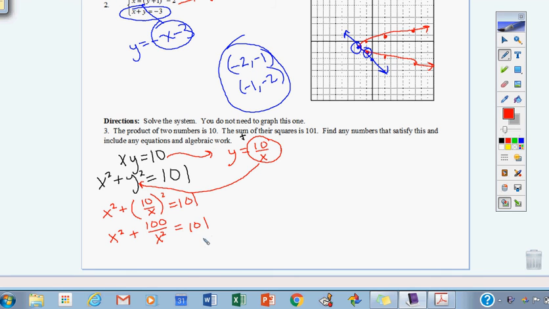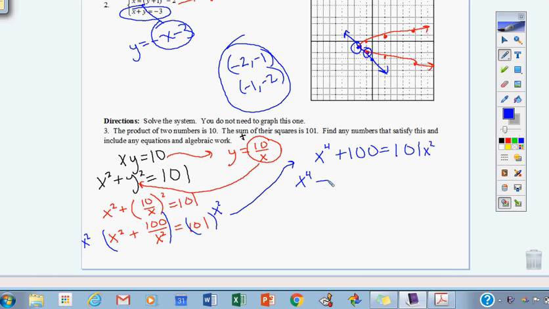And we'll get 101. Okay, then we need to multiply everything, both sides here, by x squared. And the reason I'm doing this is just to get the x squared out of the denominator. So what's this going to turn into? This is going to turn into x to the 4th power plus just the hundo equals 101x squared. So now my instincts take over.